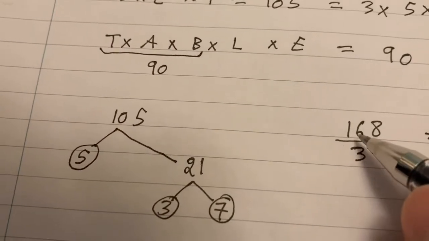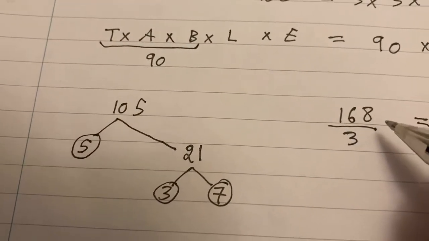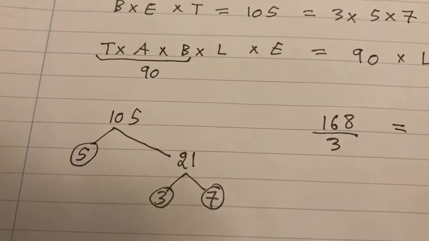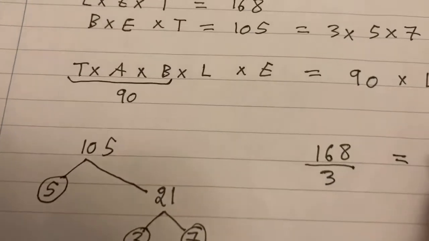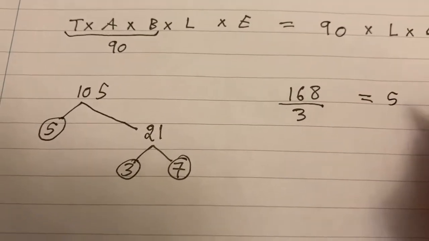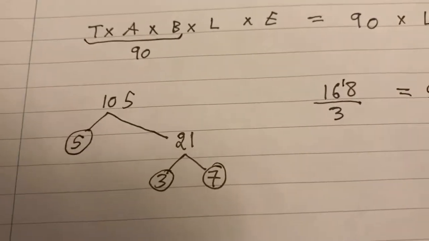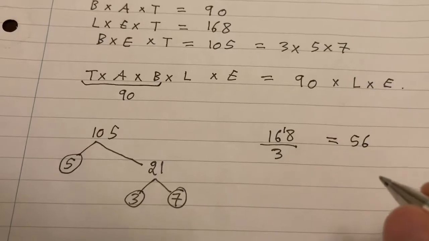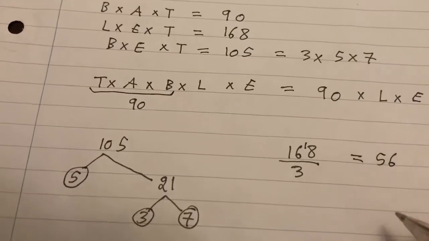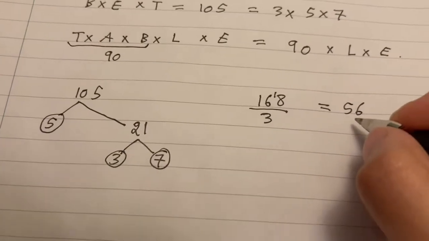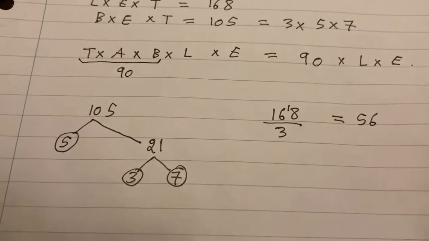Because 6 plus 1 is 7 plus 8 is 15, and 15 is a multiple of 3, that means 168 is a multiple of 3. If you divide, 16 over 3 is 5, remainder 1, and 18 over 3 is 6. So that's 56. So 3 is a factor of 168. And 56 is not a multiple of 5, but it is a multiple of 7.